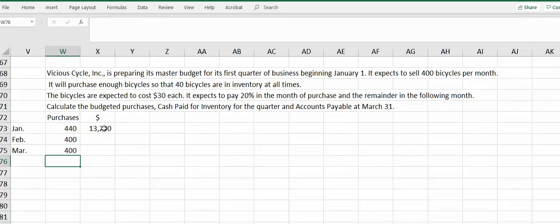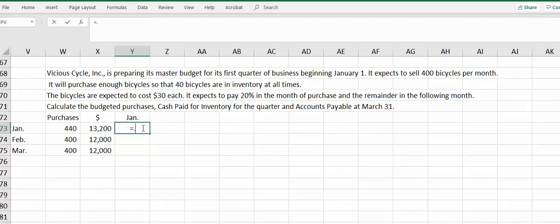So again, the formula, and I'm going to just paste this down, which is basically taking your purchases times 30 bucks. You can see that up here. Now, how about the paying of this? Well, in January, what gets paid is 20% of what got purchased in January.